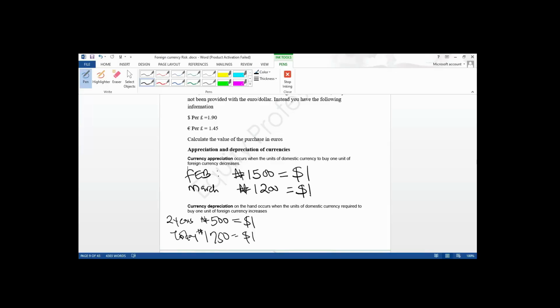Currency depreciation is the opposite. A situation where the number of units of domestic currency required to buy 1 unit of foreign currency increases. That is currency depreciation.